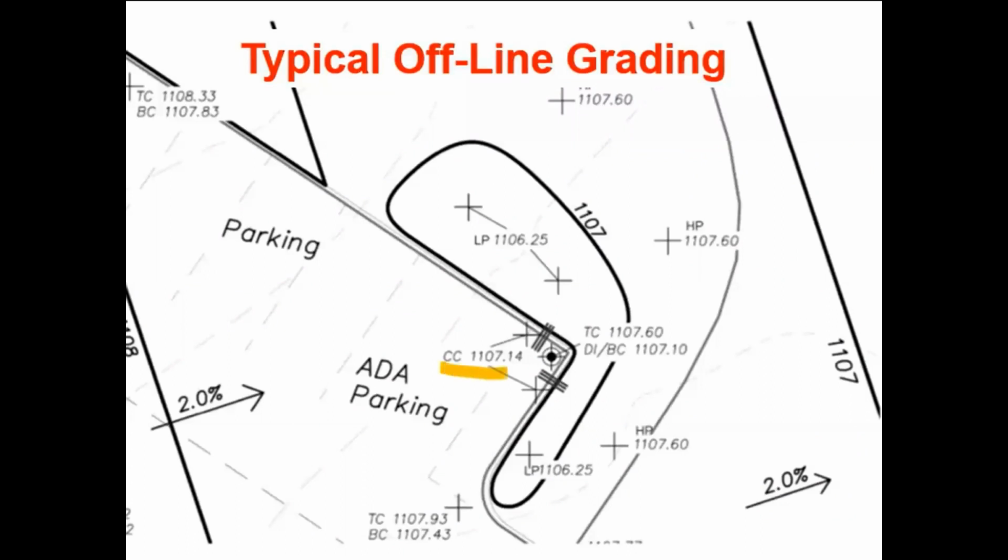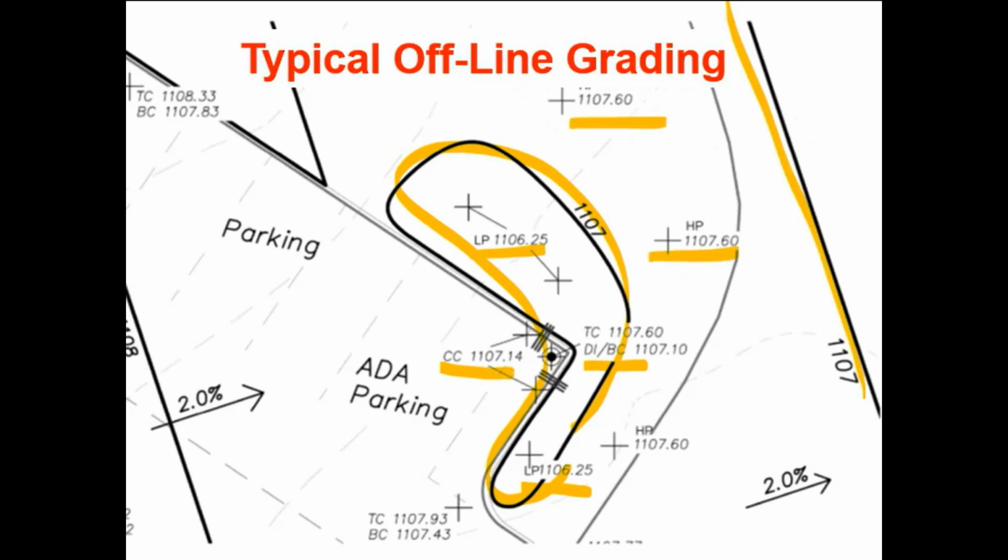Again, we have our curb cut, we have our drop inlet, we have our low points, we have the contours, 2 of them, in a pair, always. We have the high points that create the berm, and these are all the pieces that you need.